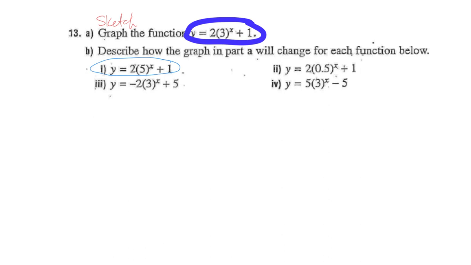Okay, we're back. So if I were to walk through what I think would have been the most common mistake, I hope that we can see that the 2's out in front are the same, the 1's at the end are the same, that really what we had to consider when trying to bounce back and forth between the two functions is, well, this base 3 became a base 5.